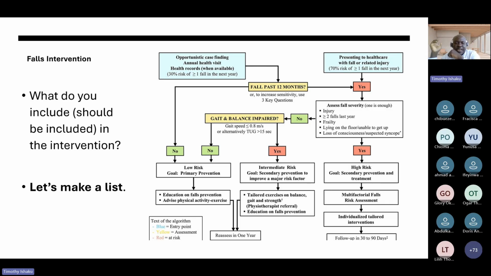But apart from the multifactorial bit, looking at it specifically, let's say for physio, what are those things that you think we should look at? Somebody has started putting in the chat box, but if you want to talk, anything we can look at as a physio, Chibuze. All right, as a physiotherapist, especially managing fall risk or a patient with a fall, looking at the NICE guideline, what they mention about the age factor.